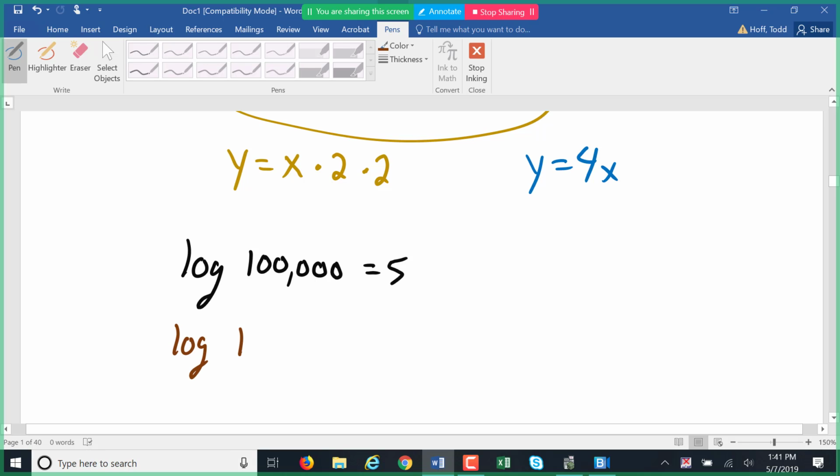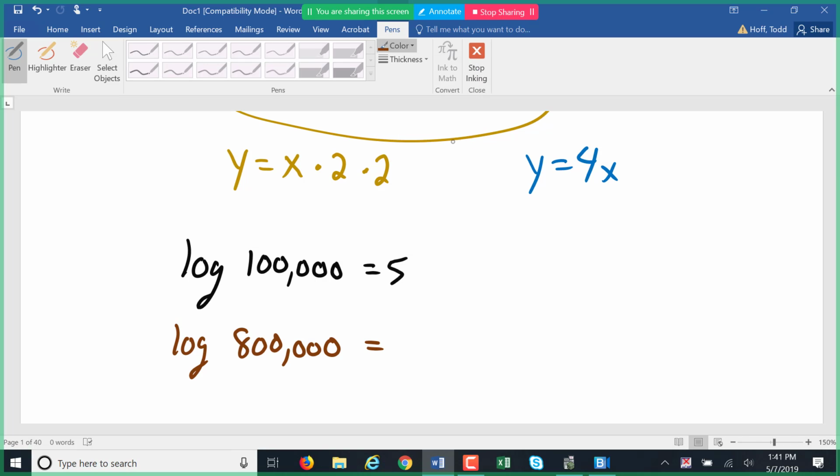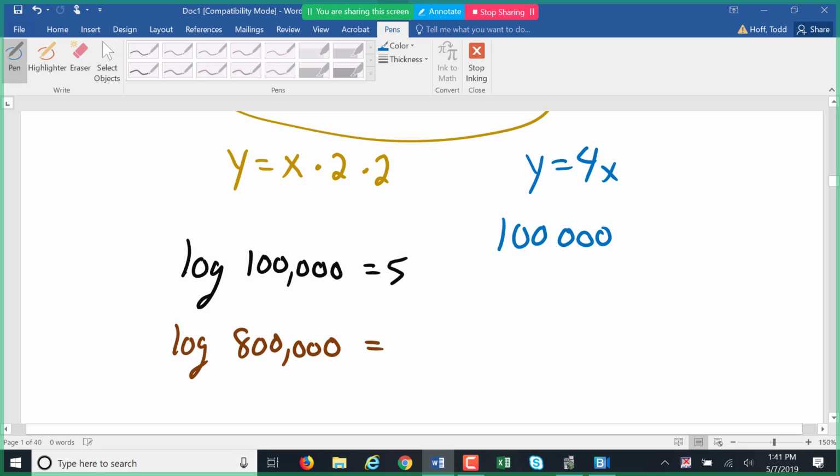Log base 10 of 800,000. To get from 100,000 to 800,000, let me do this. Log of 100,000 is 5.